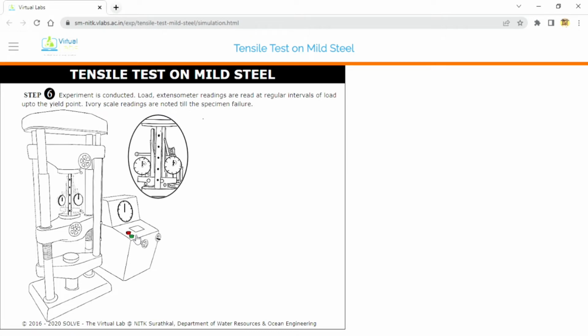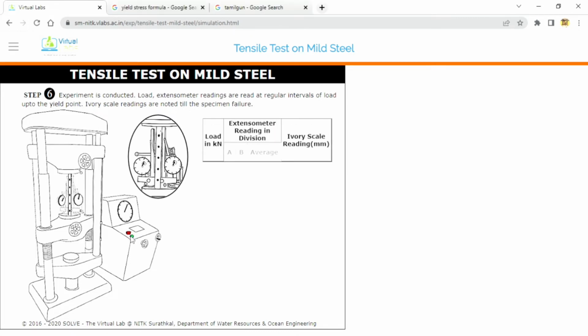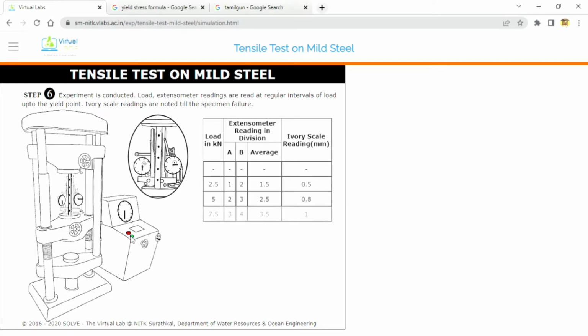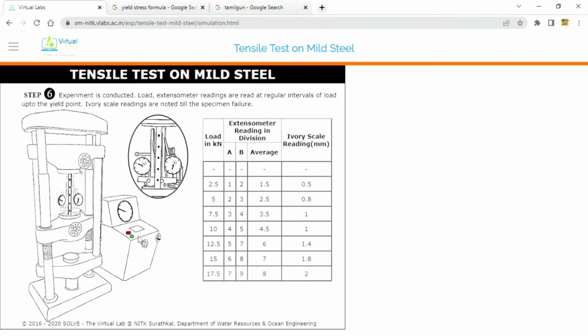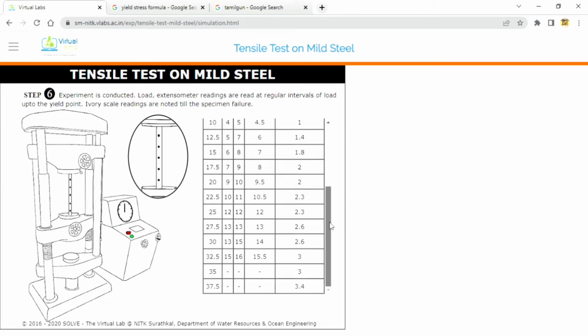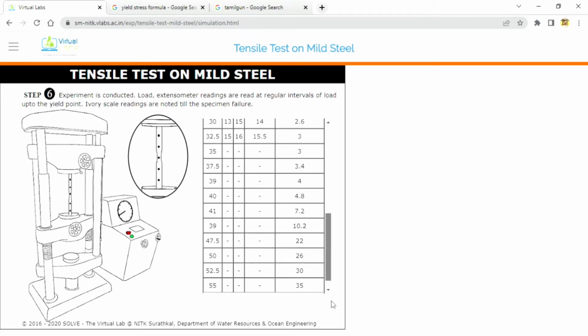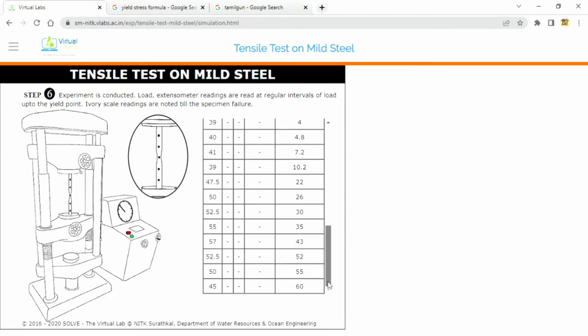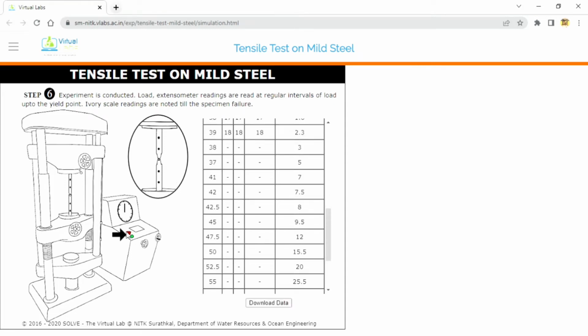So now push the green button. So now press the red button.